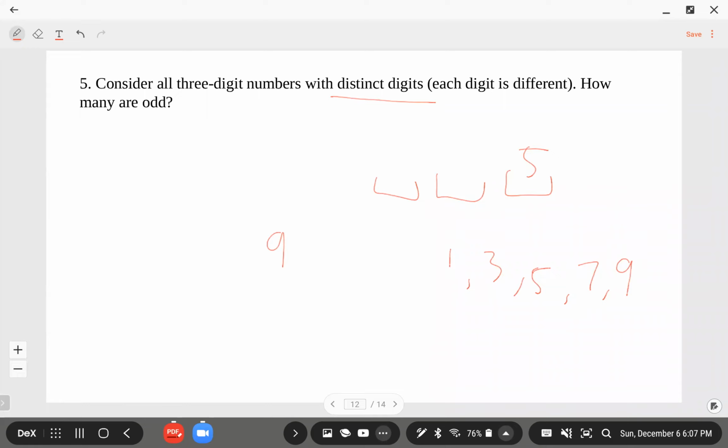But we already used a digit, so it's going to be 8. Now we used 2 digits already. It's going to be another 8, because usually this would be 10, but now we're working with distinct digits. So that will be our answer. 8 times 8 times 5. Yes, that would be 320.